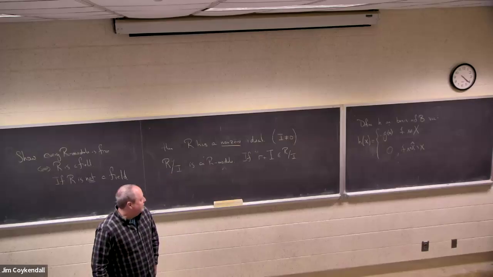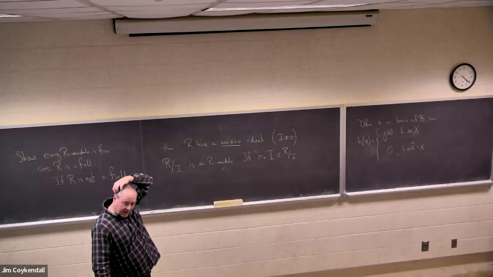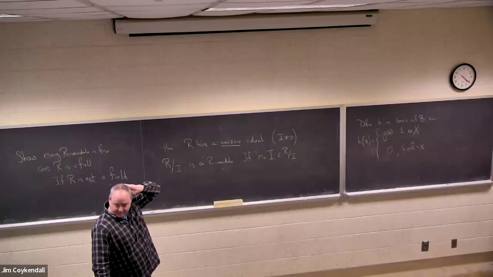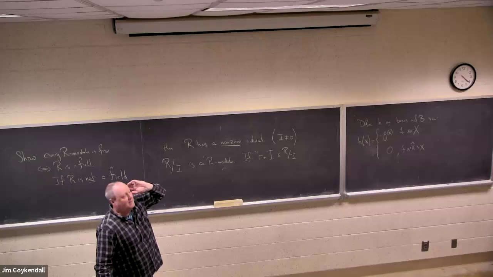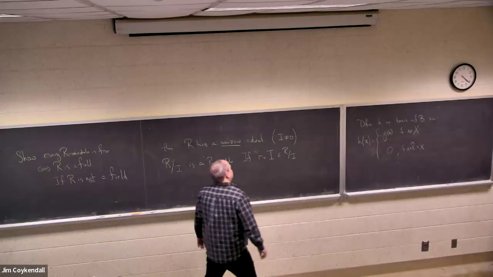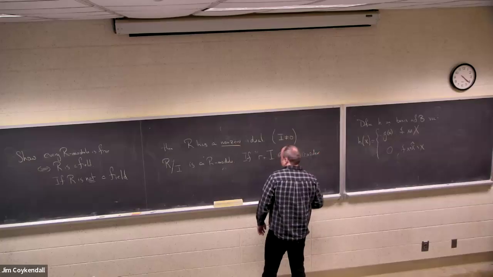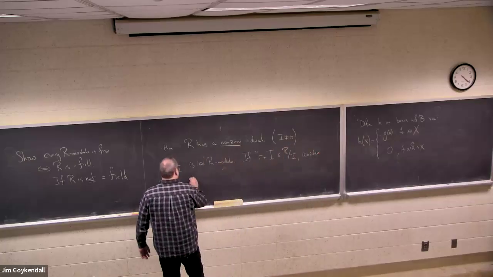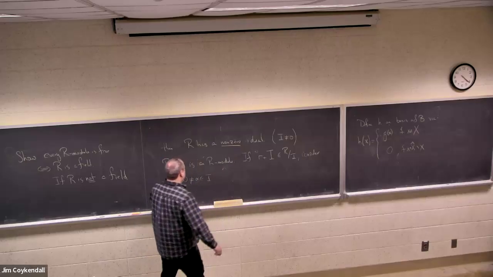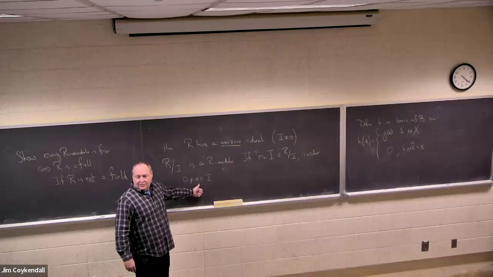I claim whatever element you pick out of there is linearly dependent. You multiply it, maybe it's non-zero. It's important that the element is not zero.